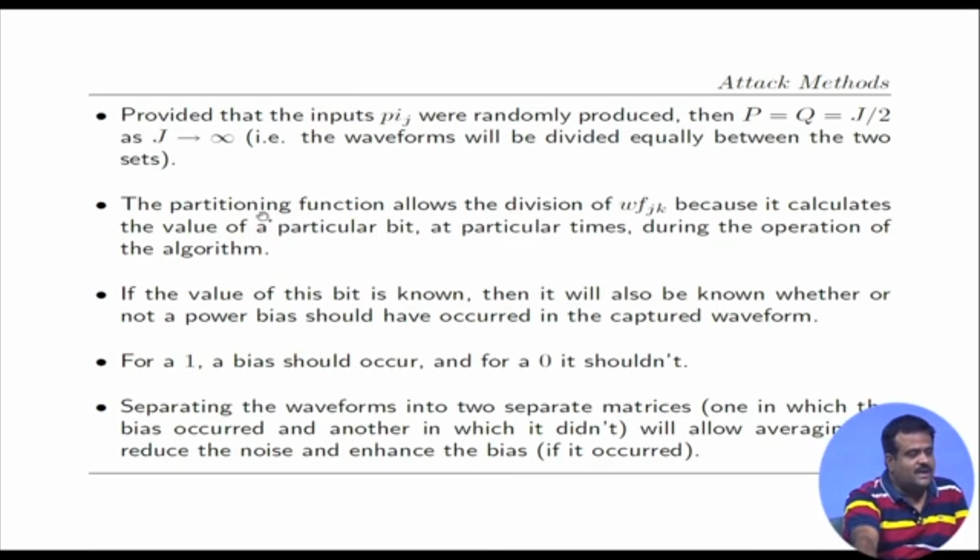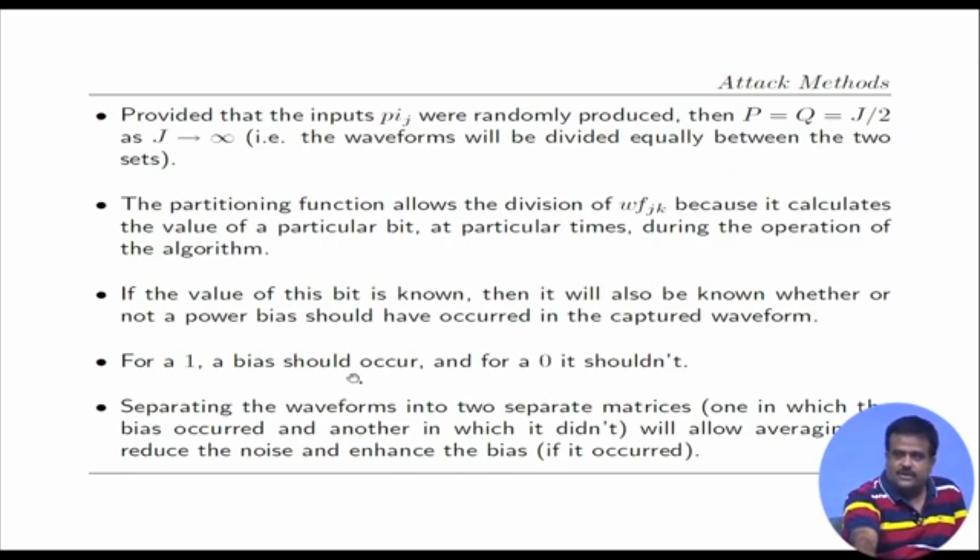So, the partitioning function allows the division of that matrix, because it calculates the value of a particular bit at particular times during the operation of the algorithm. If the value of the bit is known, then it will be known whether or not the power bias should have occurred in the captured waveform.